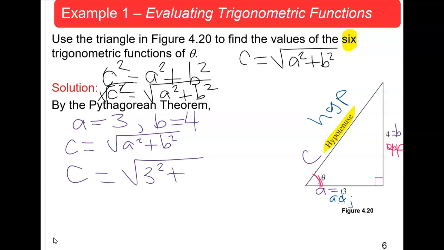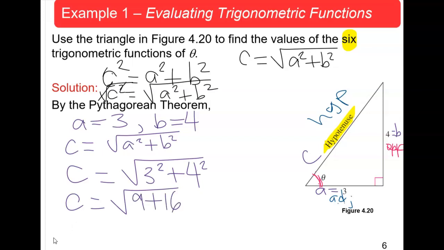So 3 squared plus 4 squared. We substitute B with a 4. And before you can add the numbers or take the square root, you have to square the numbers. And so that will equal 9 plus 16.